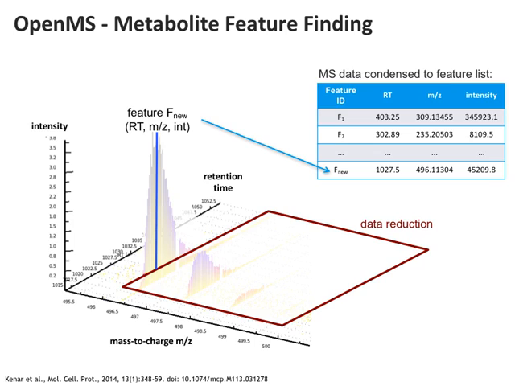The output, however, is going to be almost identical, because it's still looking for features, and it's going to give you a table that contains for each feature the retention time, M over Z, and the intensity that is required for the quantification.